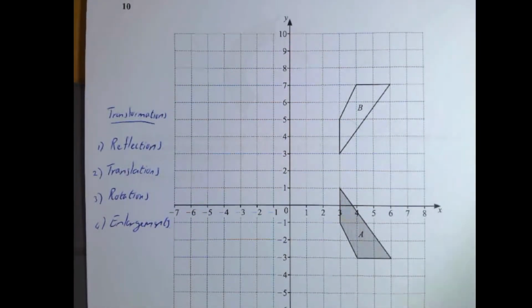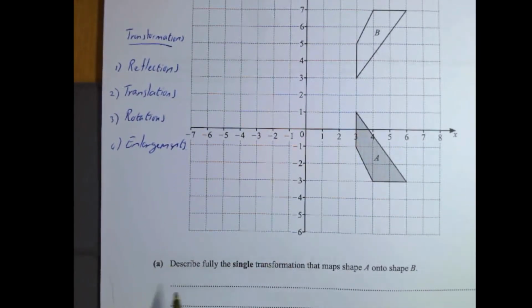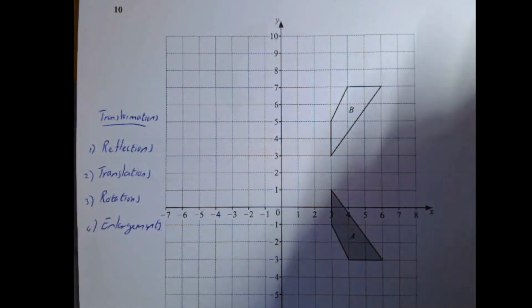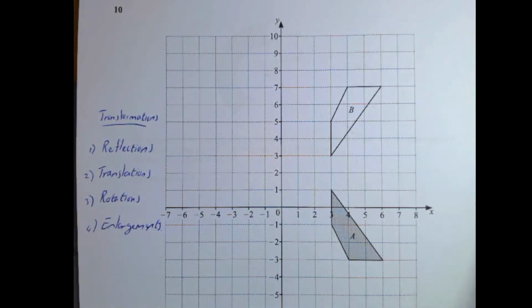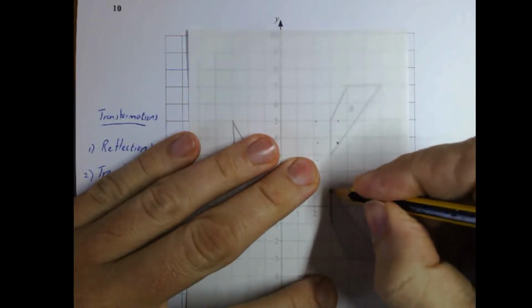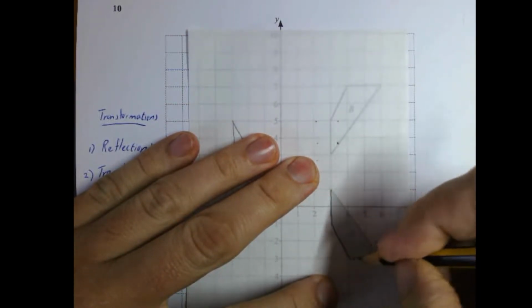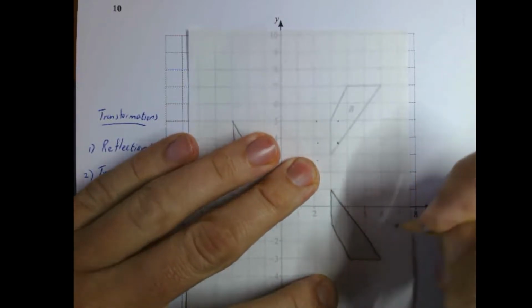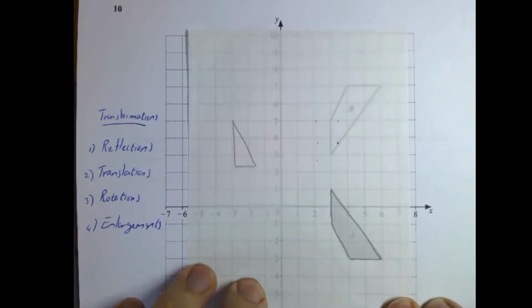Right, so in question A, they'd say describe fully the single transformation. It means you need to tell firstly which one of these 4 is happening. So let's have a look. We're going from A to B. So let's trace A. You can just do this by hand. Okay. So let's see. Is it an enlargement?